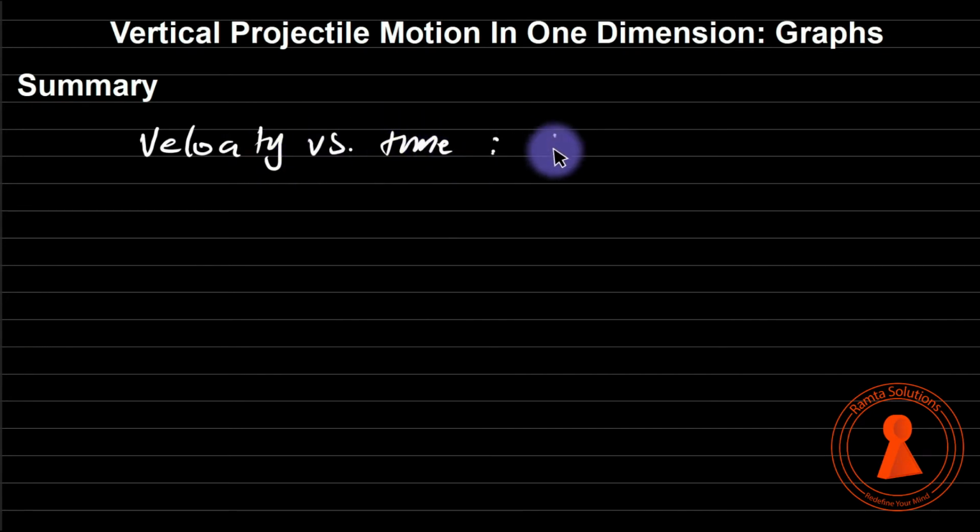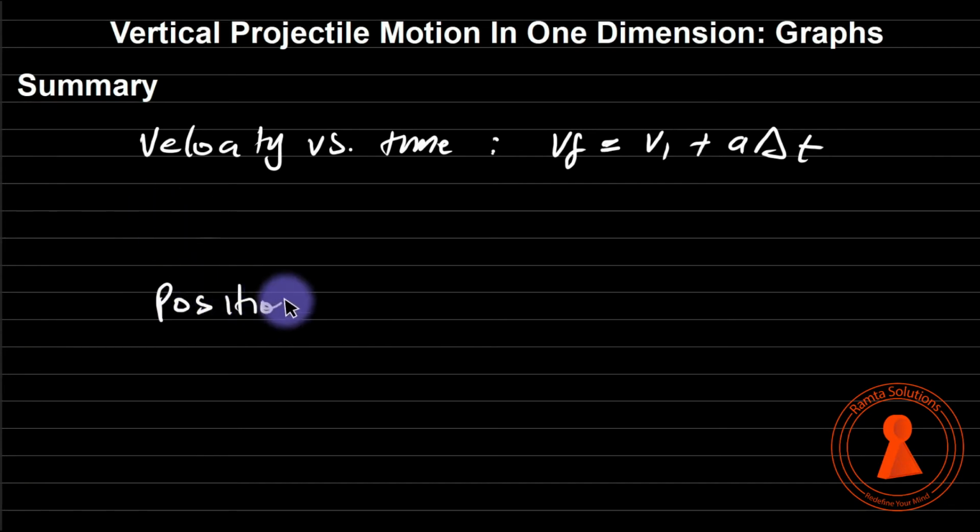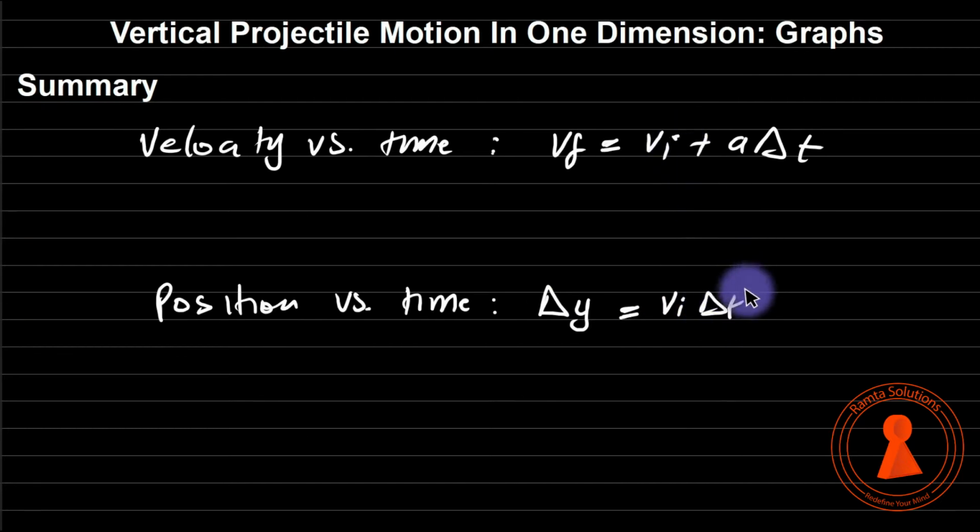we had vf equals vi plus a delta t, which looked like a straight line. And for position versus time, we had delta y equals vi delta t plus half a delta t squared, right?